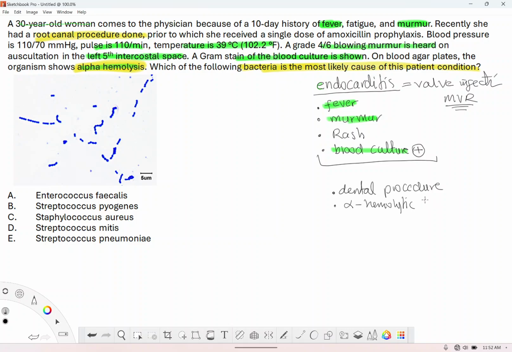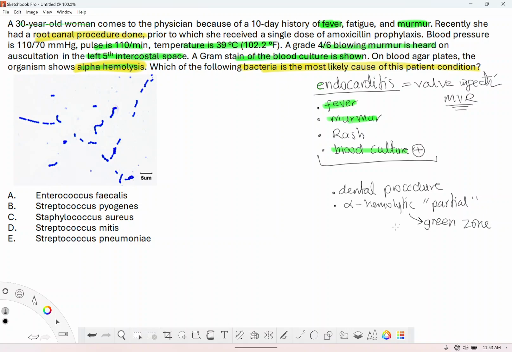Alpha hemolytic means partial hemolysis of red blood cells. It doesn't mean complete. It causes the lysis of red blood cells partially, not completely. As a result, you will get a green zone on agar. So that's partial hemolytic.